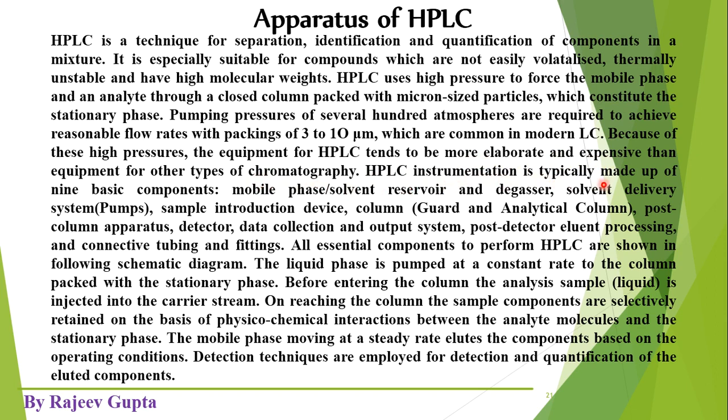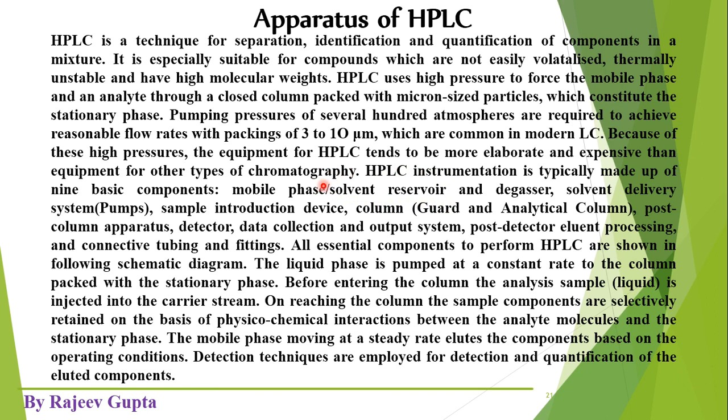HPLC instrumentation is typically made up of 9 basic components. Generally in HPLC apparatus we see 9 types of basic components. The first one is mobile phase, which we put in our solvent reservoir.